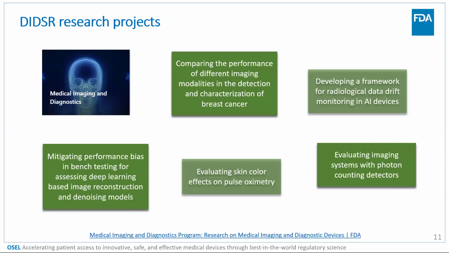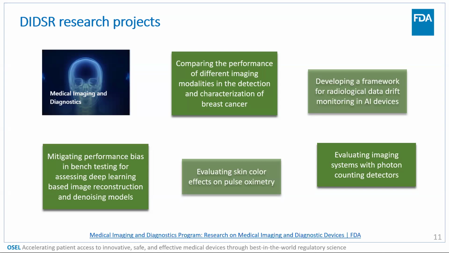So optical devices take pulse oximetry measurements to measure blood oxygen, and there's a lot of research that skin color can affect the accuracy of these measurements. So this project is all about developing metrics and methodologies to assess the quality of those measurements and assess uncertainty and bias.